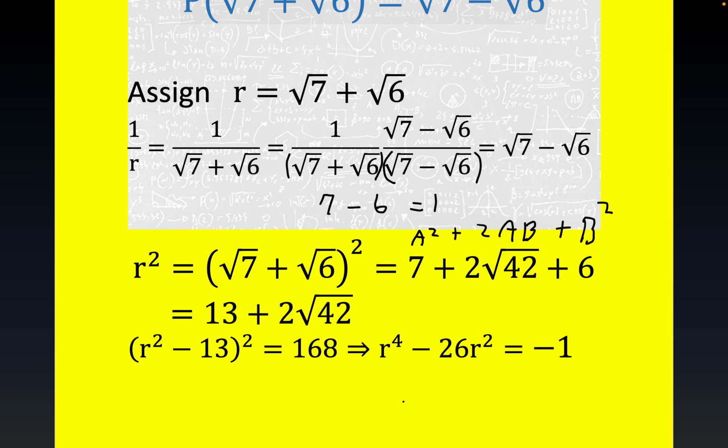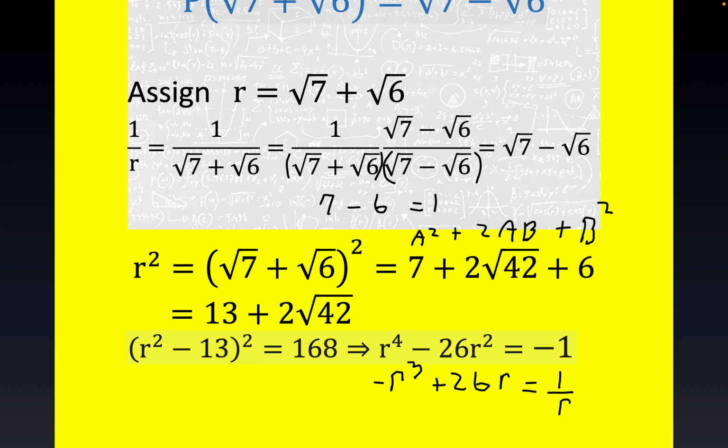In other words, divide through by minus r, and this will become minus r cubed plus 26r equals 1 over r, excuse me.